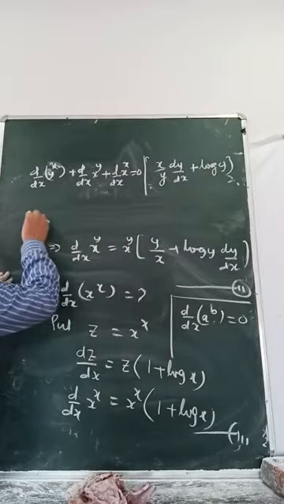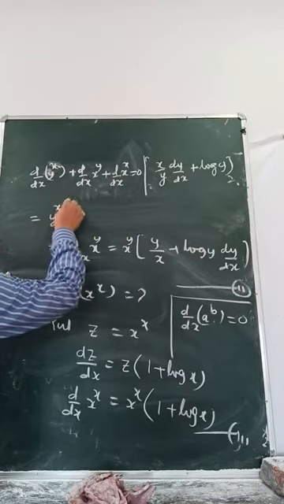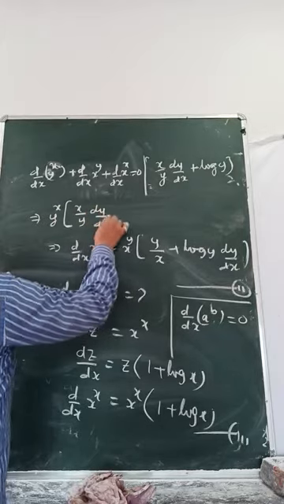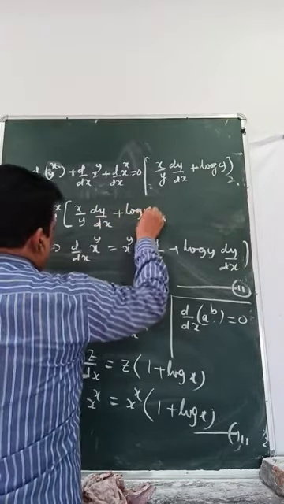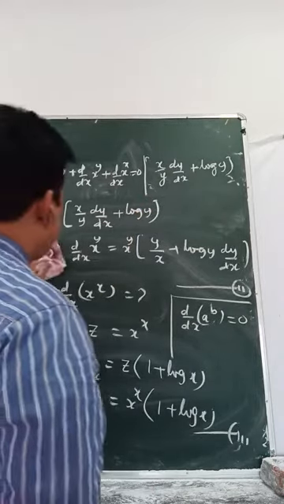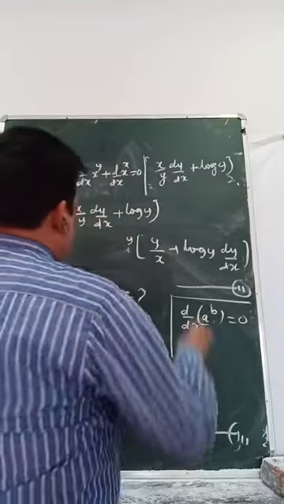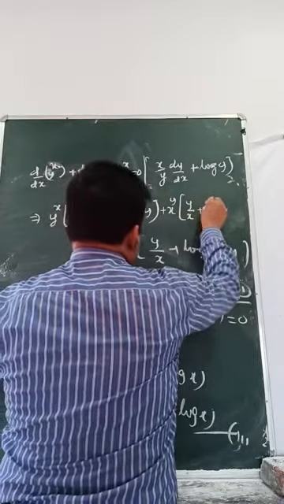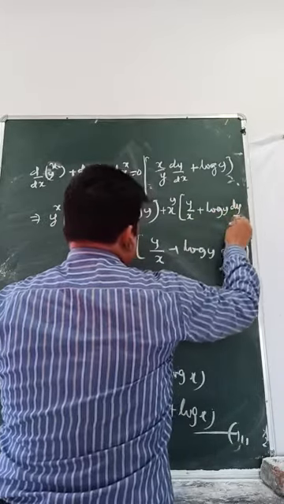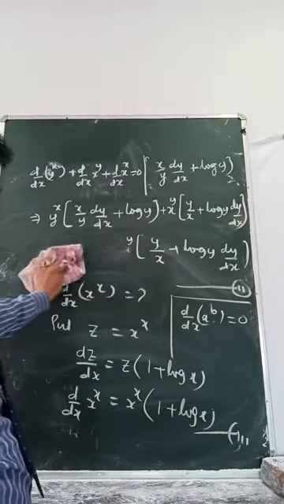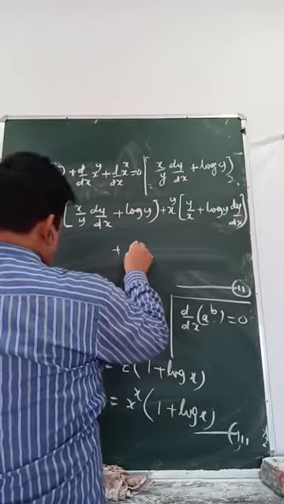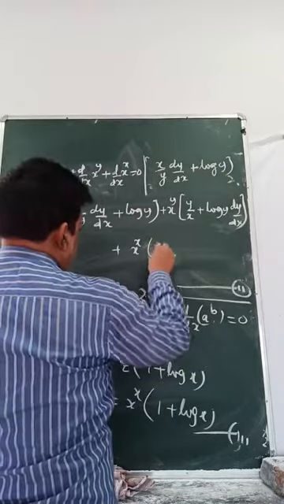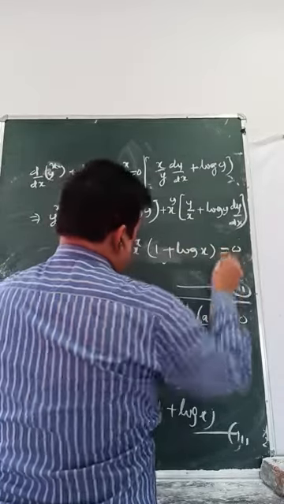Now this is y to the power x into (x by y dy by dx plus log y), plus x to the power y (y by x plus log y dy by dx), then plus x to the power x into 1 plus log x, third part, equals 0. You have got this as 0.